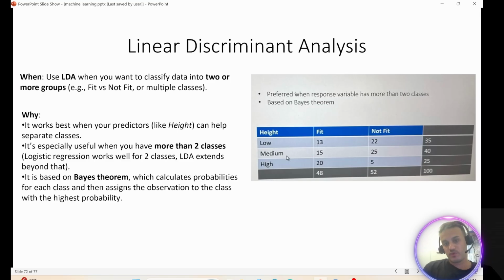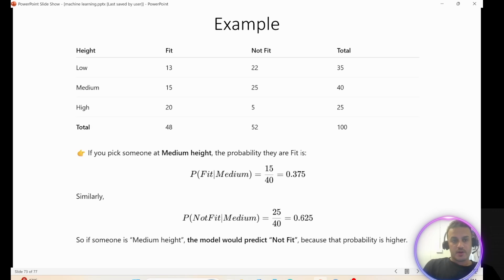And this is the principle of how it works. It is based on Bayes theorem. For example, we have this fit, not fit data, and if we want to check a person who is of medium height, the probability they are fit is 15 divided by 40, the total for medium. So fit for medium is 15 divided by 40, we get 0.3. And the probability of not fit is 25 divided by 40, so we have 0.65.